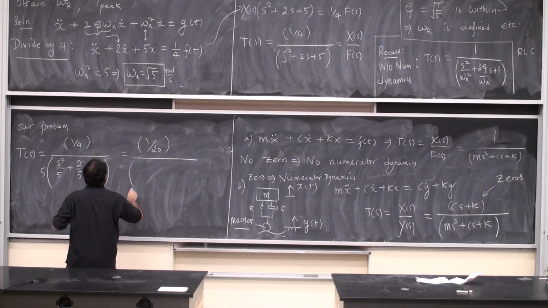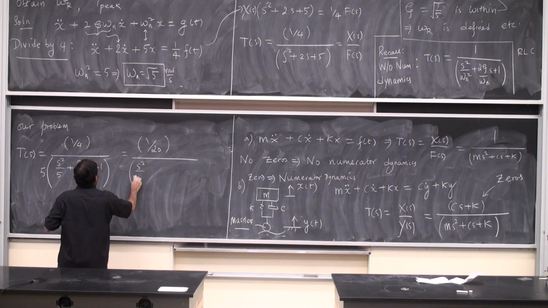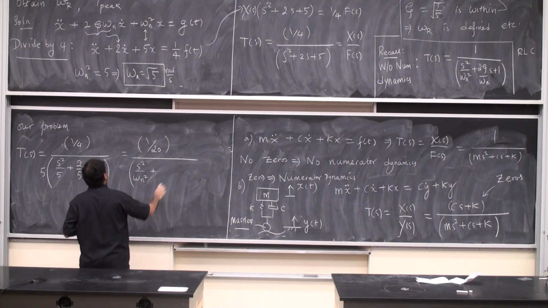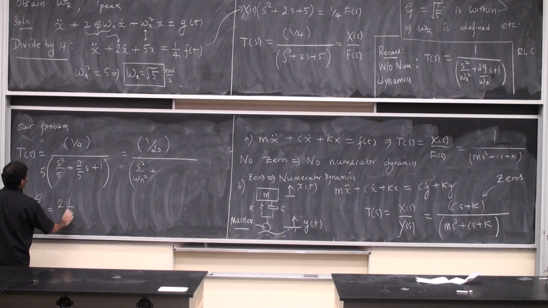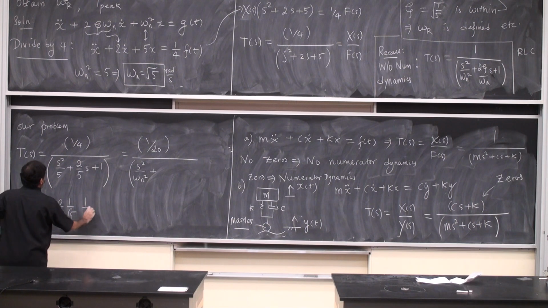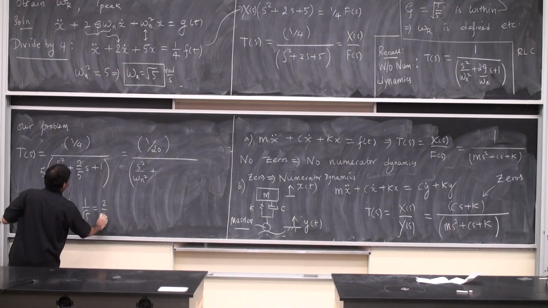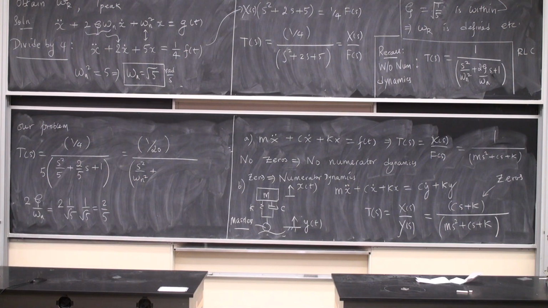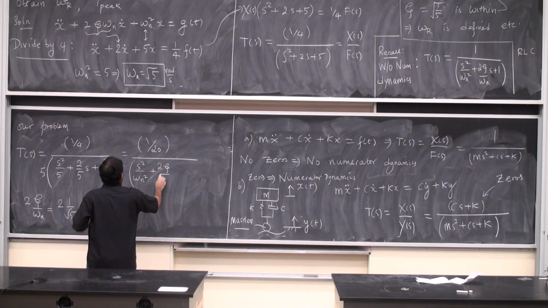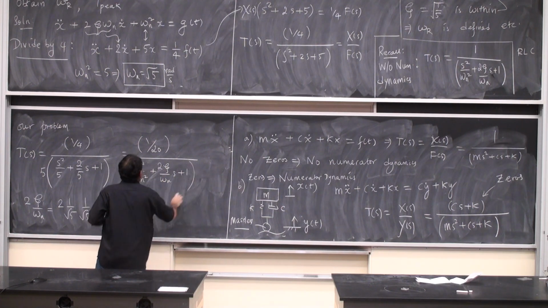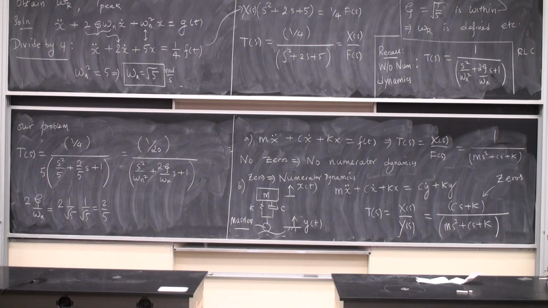And now this is of the form s square by omega n square, 2 zeta by omega n. Zeta is 1 by root 5, omega n is root 5, so that's 2 by 5, so this is fantastic news. It's now in the 2 zeta form. This is the form that it is present in.